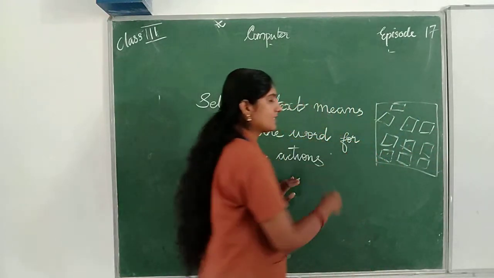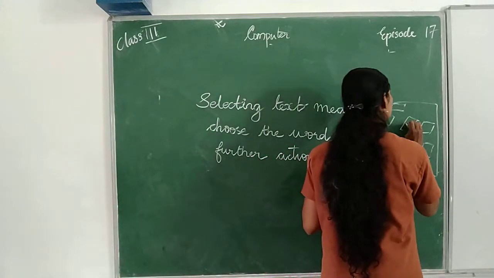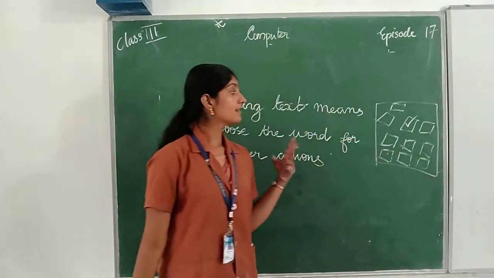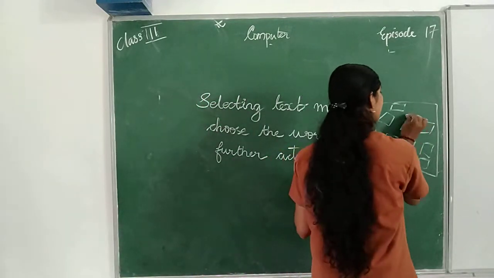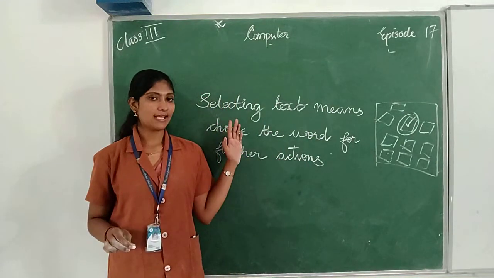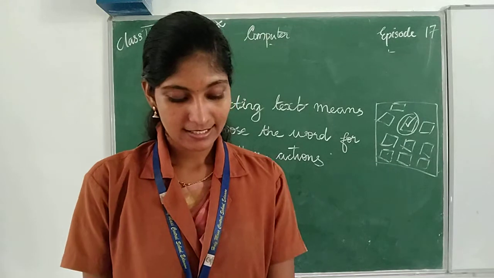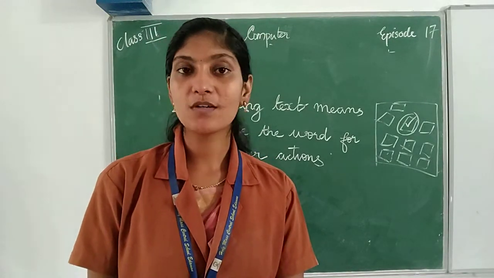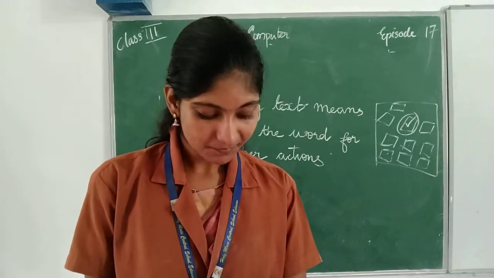So consider there are 10 books. Then you need this book, that means the third book. So what will you do? Just select the required book. This is similar to selecting the text from a document. That is, it is to select any book from the bookstore that you want to read.